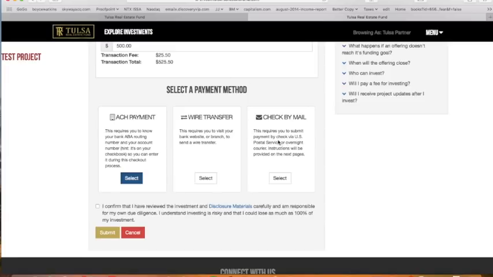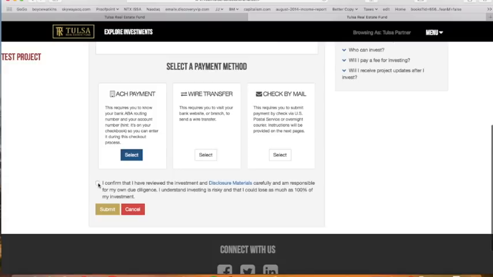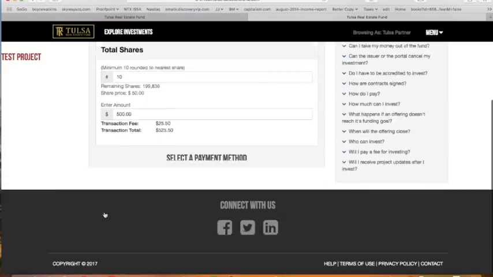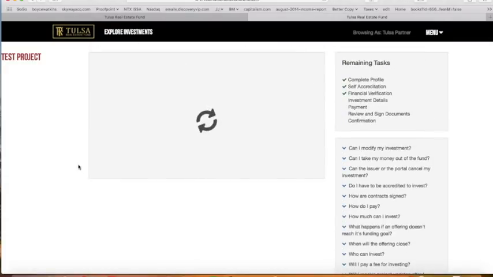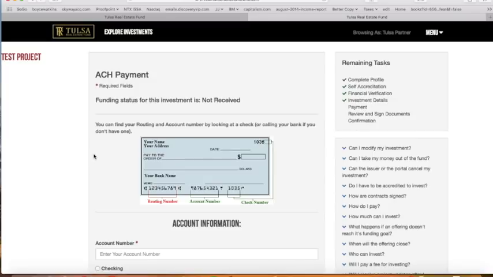And just letting you read a few things. Of course, this will all be presented to you on June the 1st. But once you select what payment method you like, you go ahead and submit. This is where you're putting in your ACH information, your account number, your bank account information.